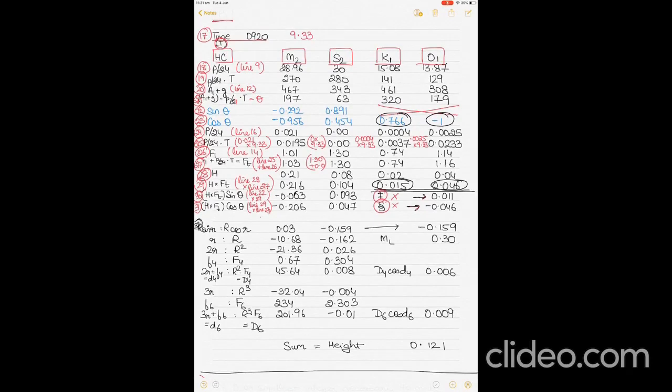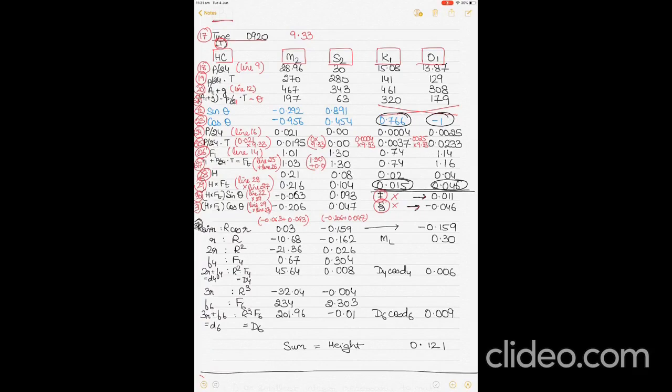So when you add minus 0.063 plus 0.093, you will get 0.003, and minus 0.206 plus 0.047, you will get minus 0.159.